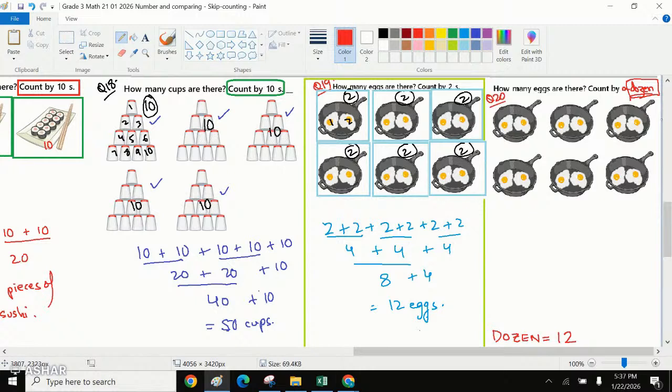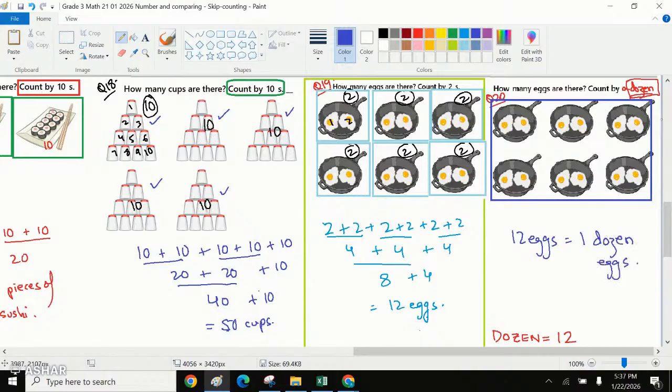So how many eggs are there? We need to count by a dozen. A dozen would mean we need to make pairs of 12 together, right? If they are 12 together in one, that means we have 12 eggs, which would be equal to 1 dozen of eggs, right?